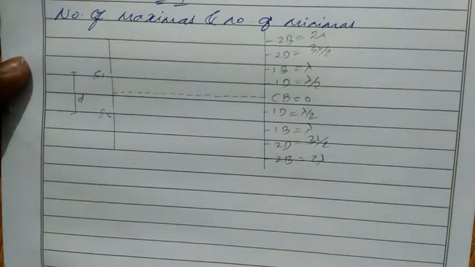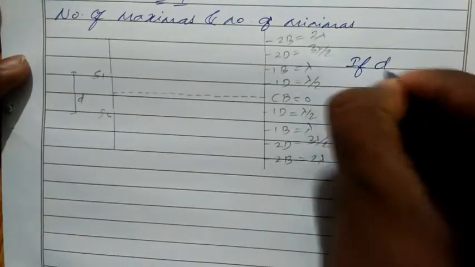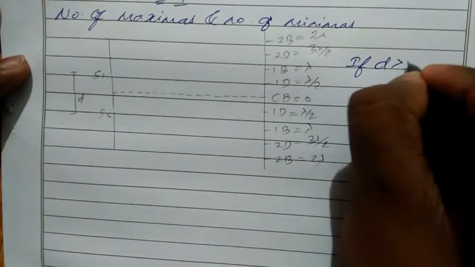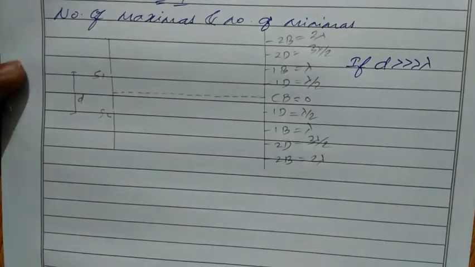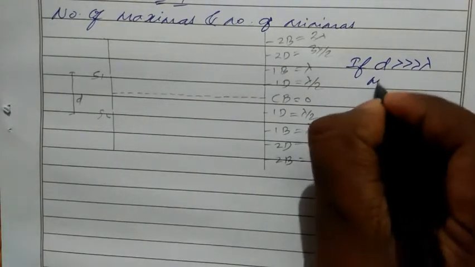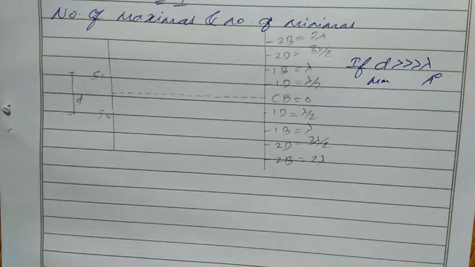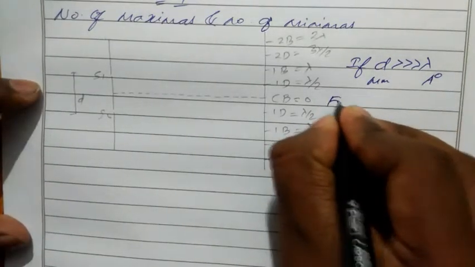Okay, so if d is much greater than lambda, or lambda is very small compared to d, that is, this value is in millimeter and this value is in angstrom, then we have this formula for bright fringe.